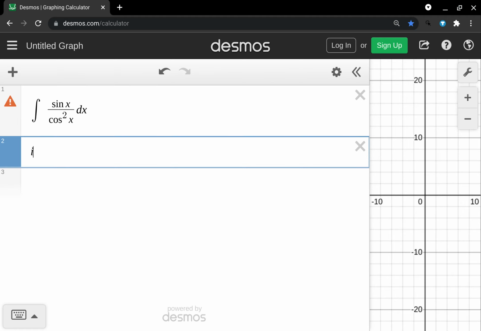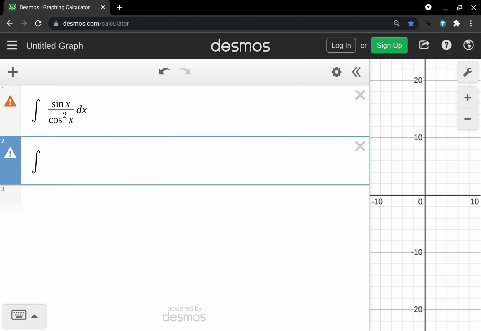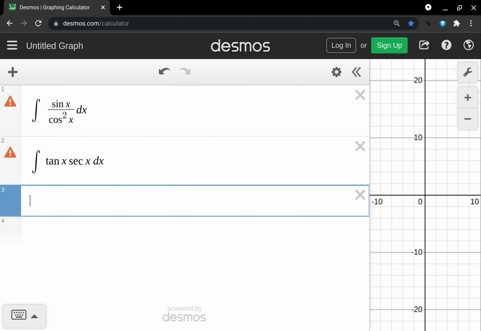And then now we can rewrite this, sine over cosine is tangent x, secant x, because we're just going to change that 1 over cosine to secant x dx. Now if we know the derivative of a function, what is the original function? If you remember your derivatives of trigonometric functions, you should know that this whole thing equals secant x.